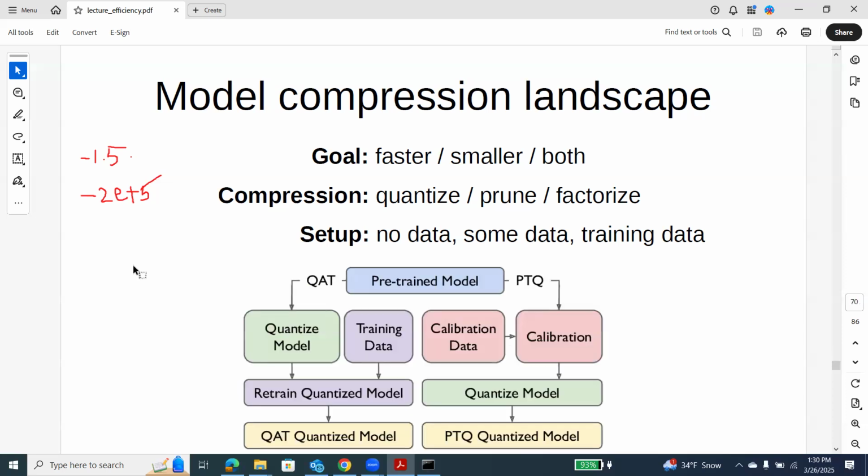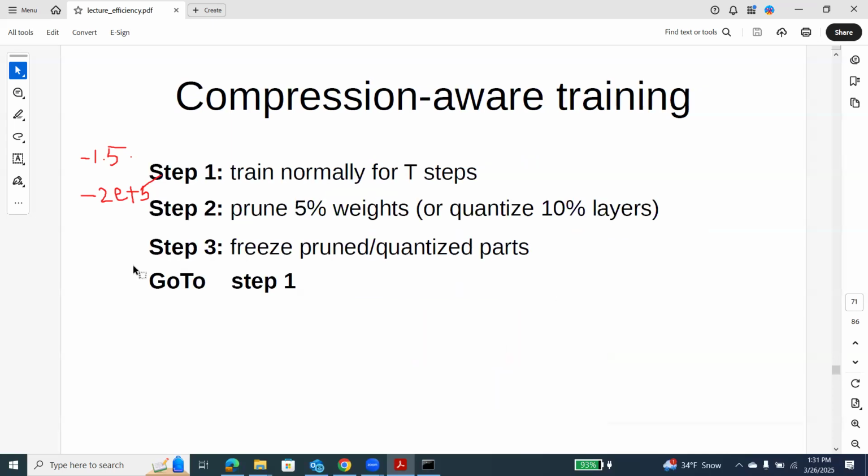Okay, this is just an overview of the methods: quantization at training and quantization post-training. So, as I said, we will actually work with post-training quantization because it's mostly used in practice. Yeah, this is how we can quantize during training.